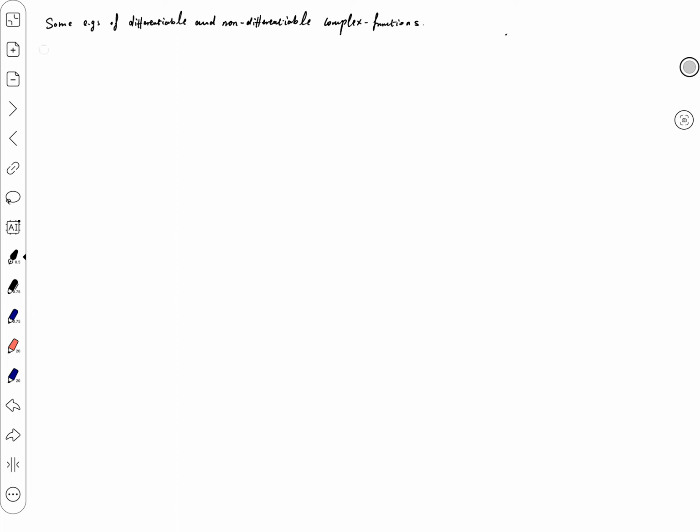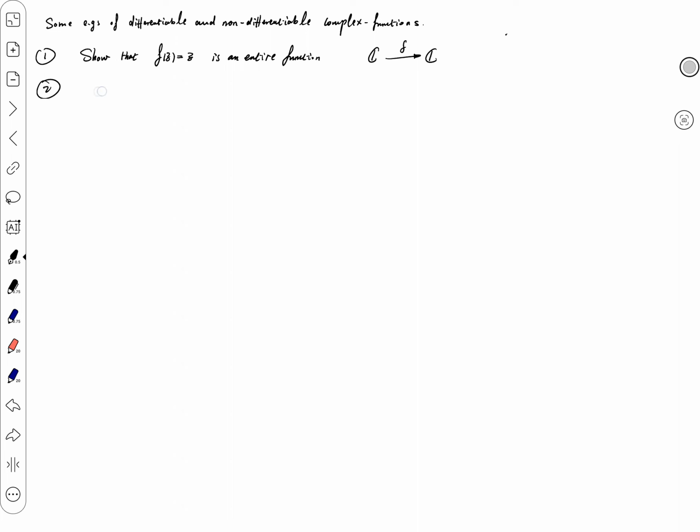So first part, show that f(z) = z is an entire function. So here we mean defined on complex numbers and taking complex number values.